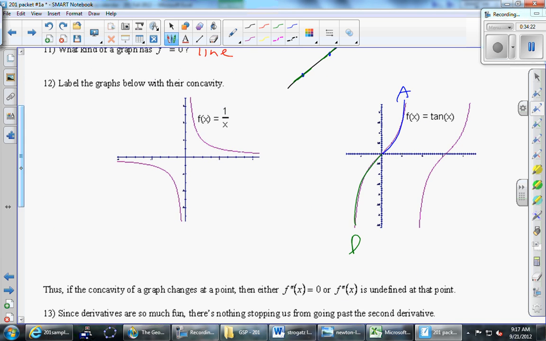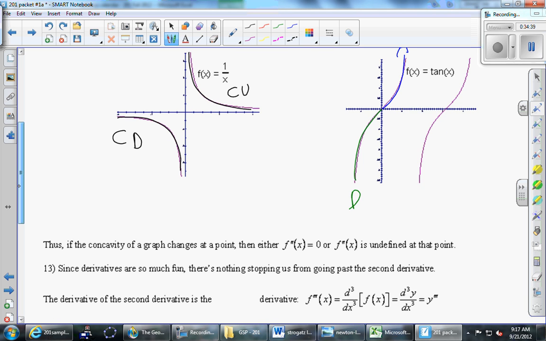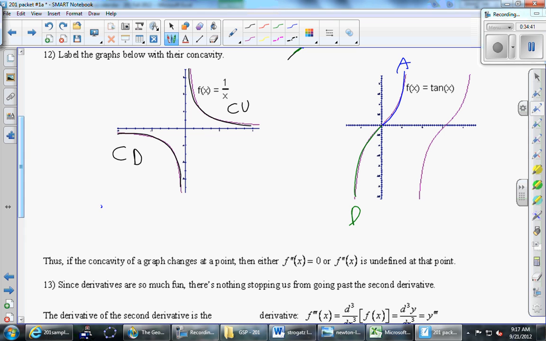So 12 says label the graphs with their concavity. So what would you say about this first piece? Okay, so that's concave down, and the second piece is concave up. Now let's start writing it in the math way. Because the first piece is concave down, I can tell you that that f double prime is what kind of a number?